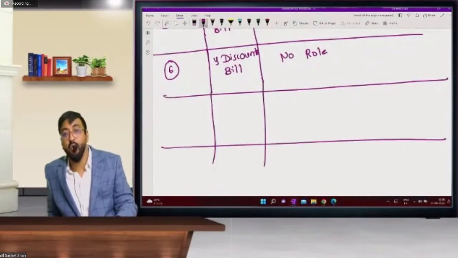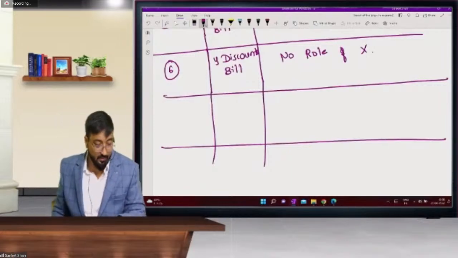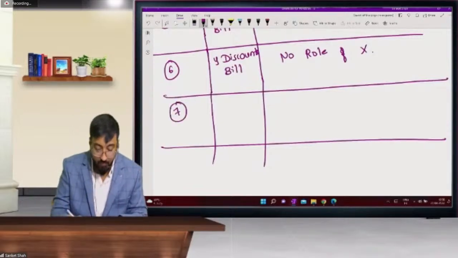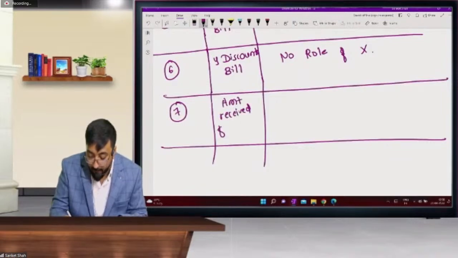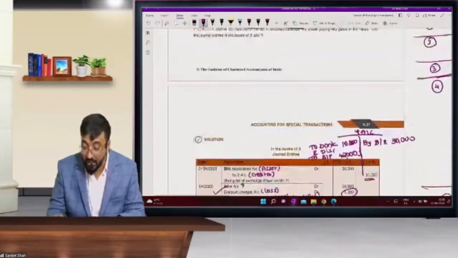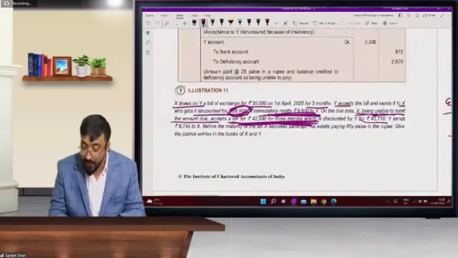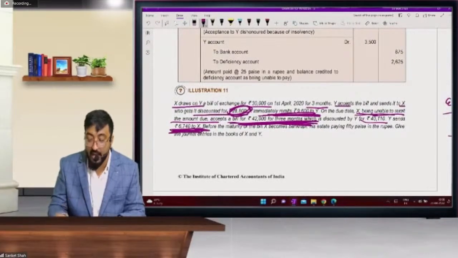Y ने बिल को डिस्काउंट किया तो X का नो रोल. Easy. And now amount received from Y. Y ने पैसा भेजा. कितना पैसा भेजा? 6740 to X.